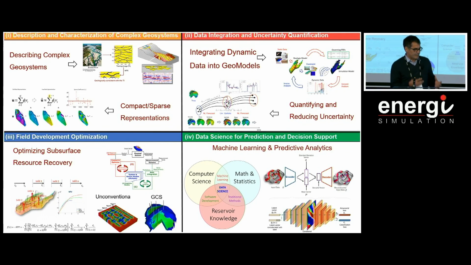That's one of the areas of focus for us as we move toward geologic CO2 storage. And the last area is really a tool that we are trying to leverage to develop new techniques and algorithms to solve some of the challenging problems in the other three areas that I mentioned.